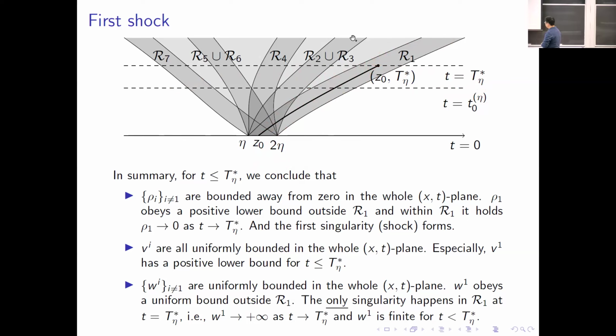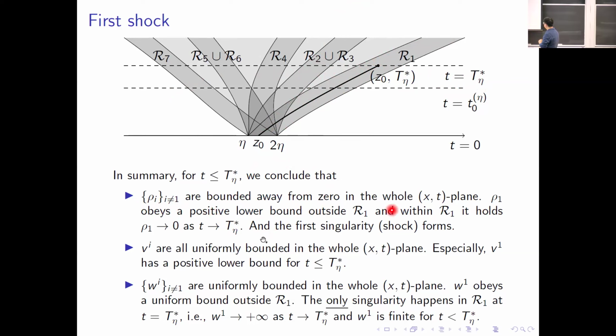In summary, for t less than or equal to t eta star, as long as your i is not 1, for example rho 2 to rho 7, or rho 2 to rho 6, they are all bounded away from 0. So there's no shock within that family of curves.